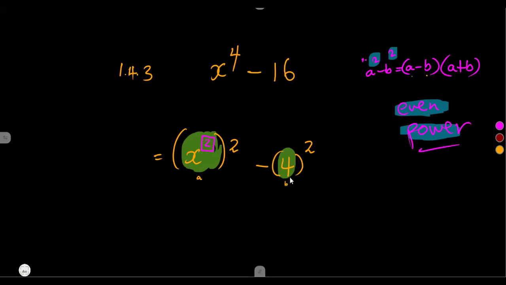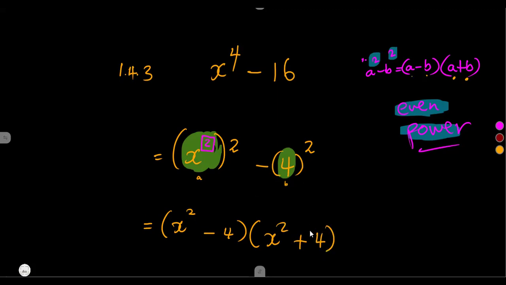We're going to have a minus b in one bracket. What is our a? x squared, so it is x squared minus b. What is our b? Our b is 4. Into what? a plus b, where a is x squared, plus our b, which is 4.